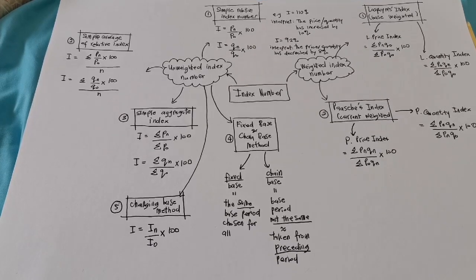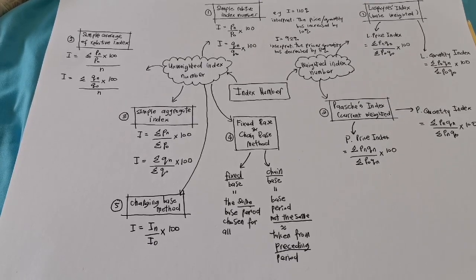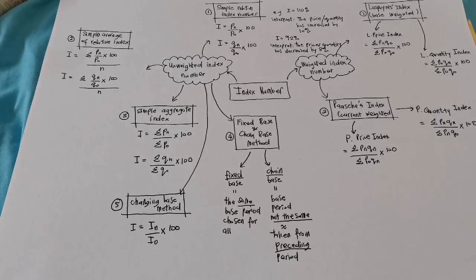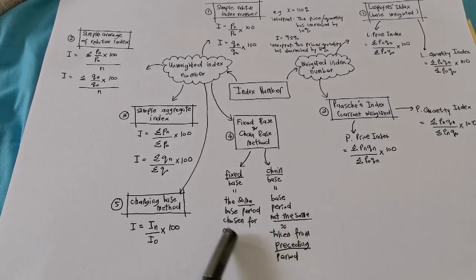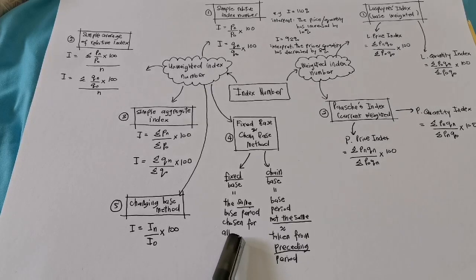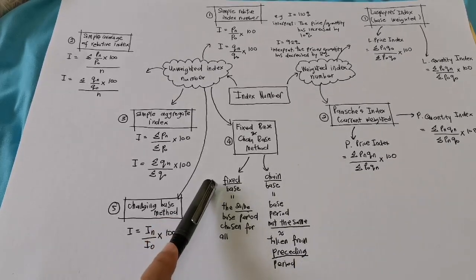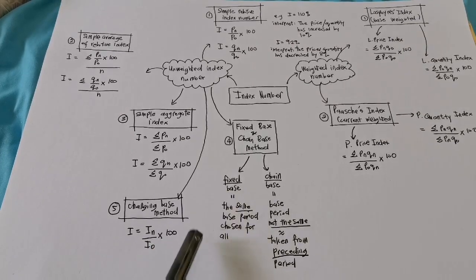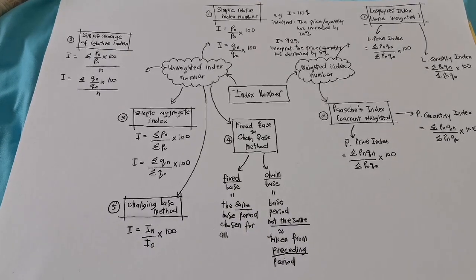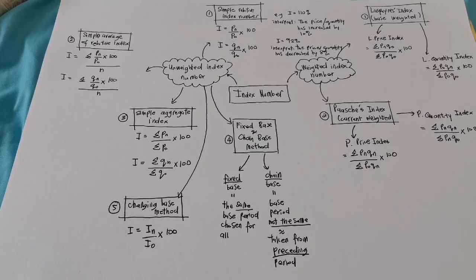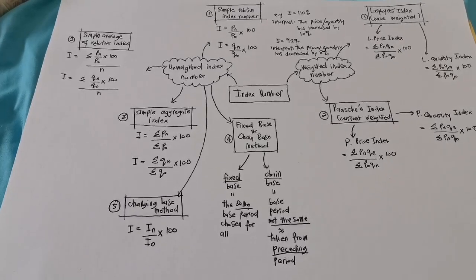All the calculation for every year would use the same base period of 2010. That is what we understand from the fixed base method, meaning we use just one base period for all the calculation of index number for every year.